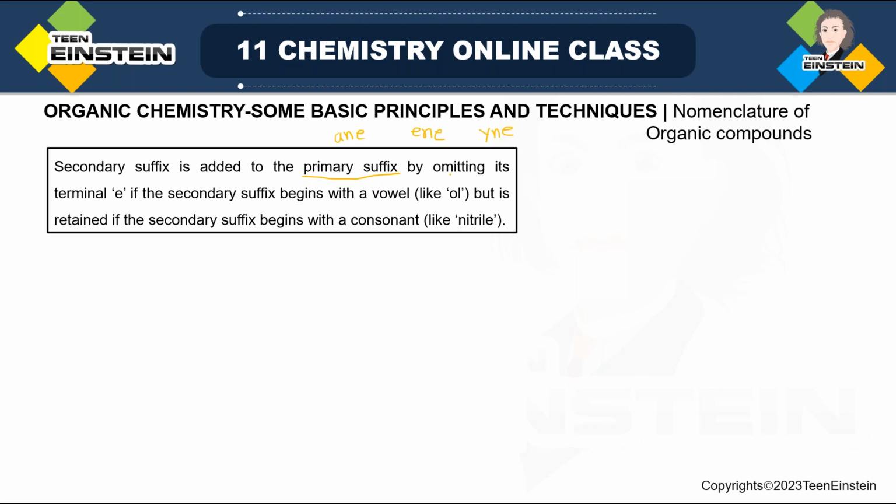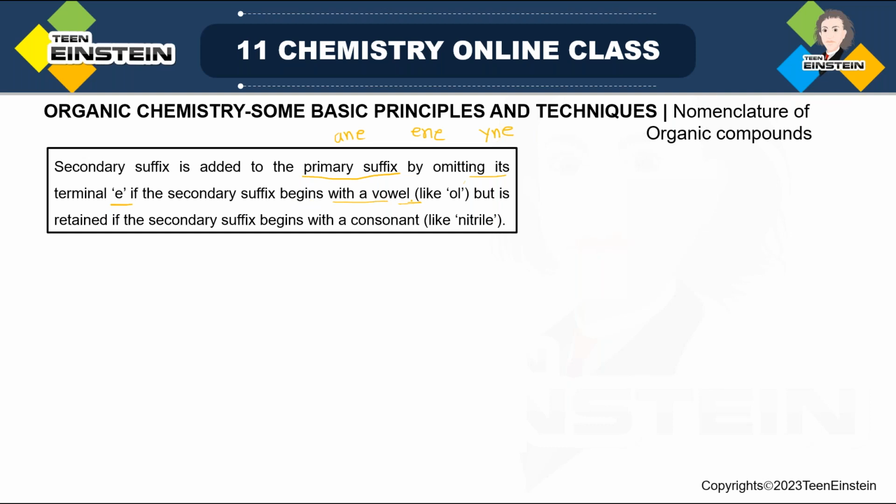So this is all about the 1 degree suffix. But secondary suffix or 2 degree suffix, it is all about the functional group. So now you have to add this to this 1 degree suffix. So now you are basically combining the 1 degree suffix and the 2 degree suffix. But we have to keep this fact in mind: the terminal E is omitted if the secondary suffix begins with a vowel.